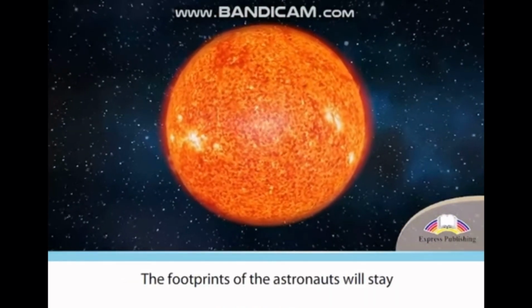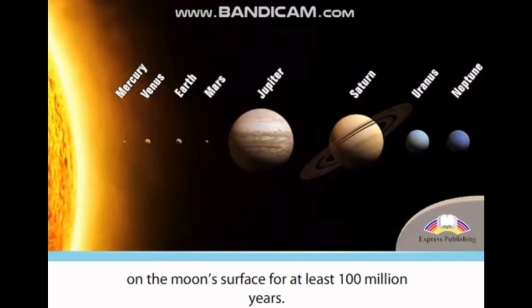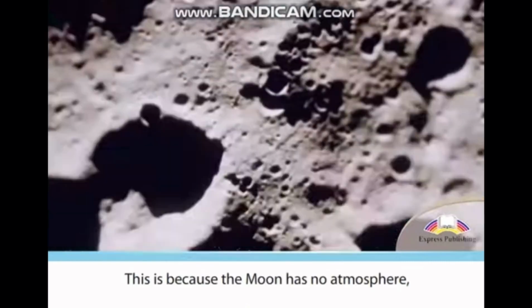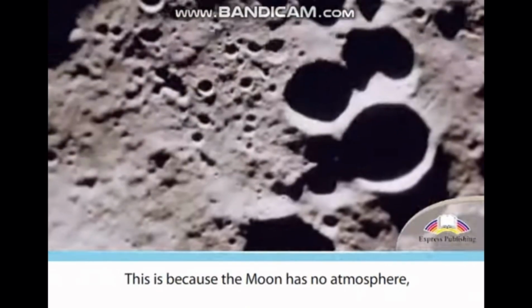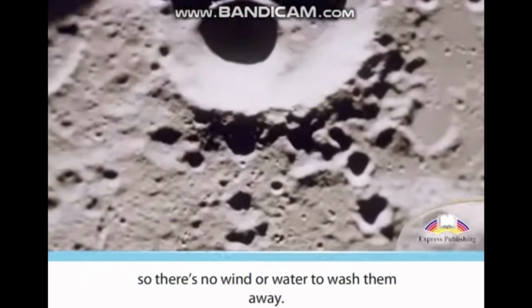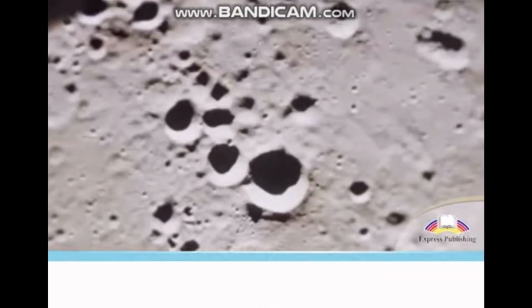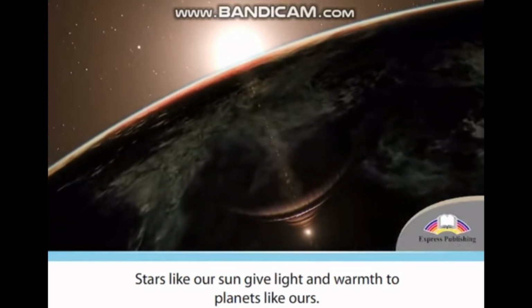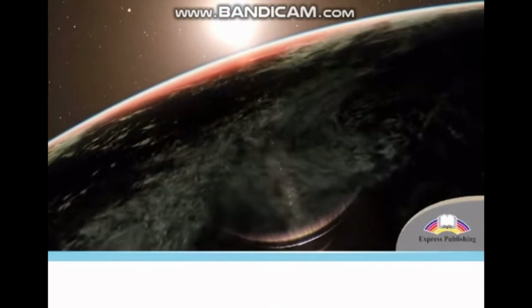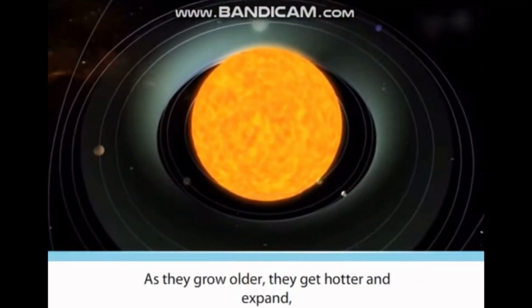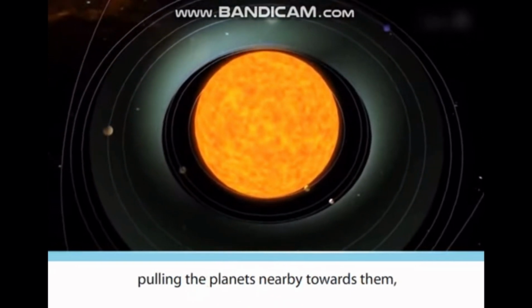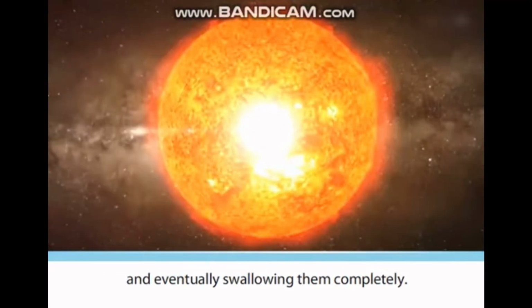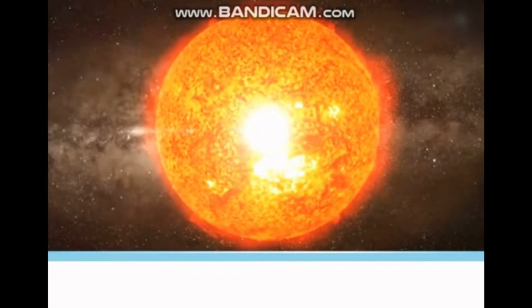The footprints of the astronauts will stay on the moon's surface for at least 100 million years. This is because the moon has no atmosphere, so there's no wind or water to wash them away. Stars, like our sun, give light and warmth to planets like ours. As they grow older, they get hotter and expand, pulling the planets nearby towards them and eventually swallowing them completely.